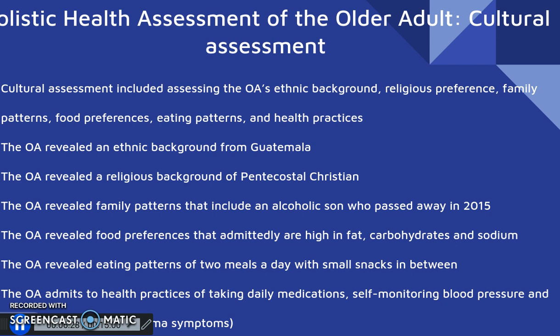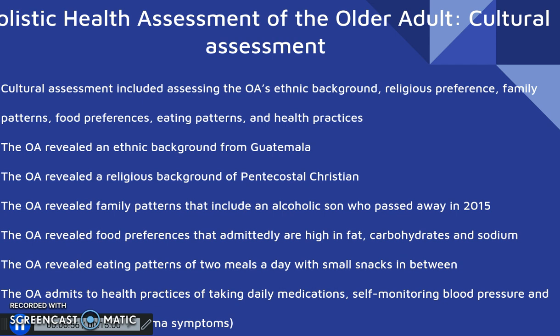Cultural assessment. Cultural assessment included assessing the OA's ethnic background, religious preference, family patterns, food preferences, eating patterns, and health practices. The OA revealed the ethnic background from Guatemala. The OA revealed the religious background of Pentecostal Christian. The OA revealed family patterns that include an alcoholic son who passed away in 2015.